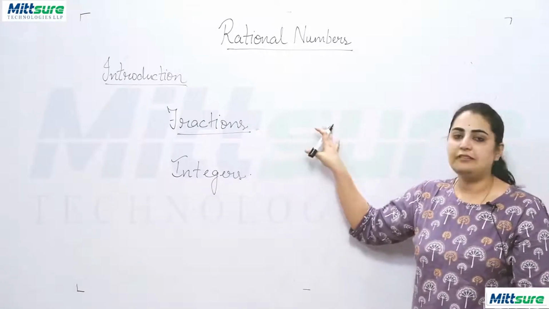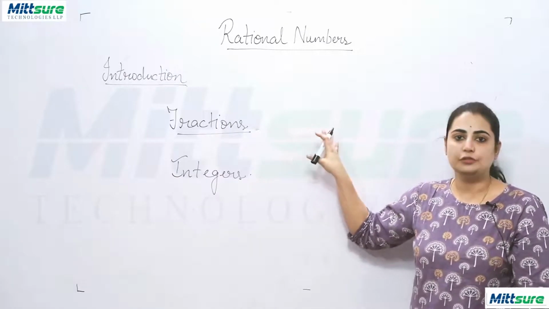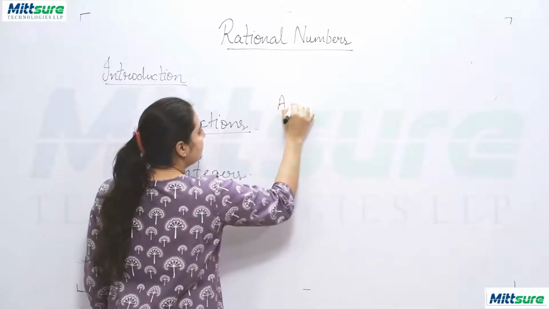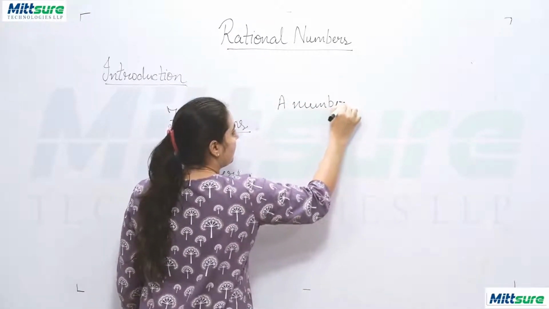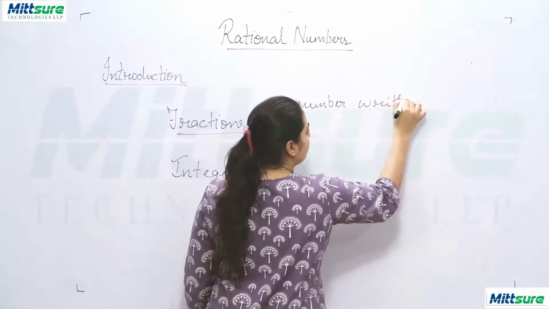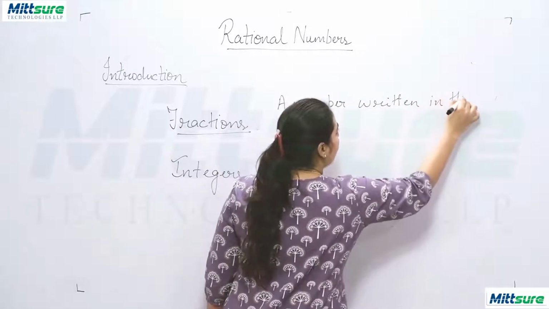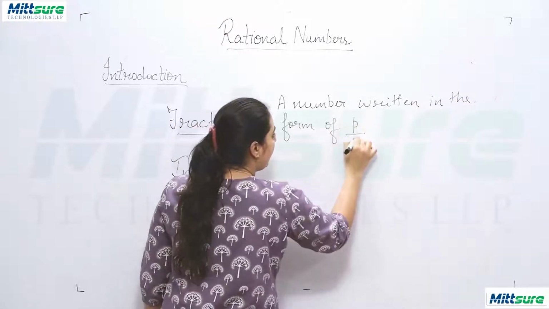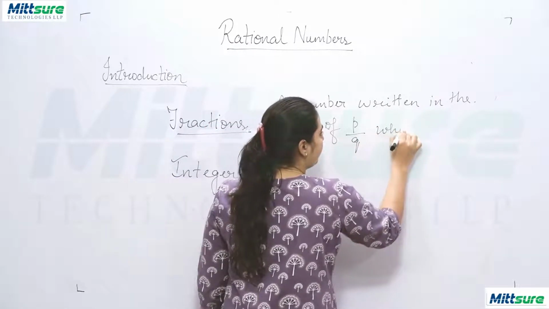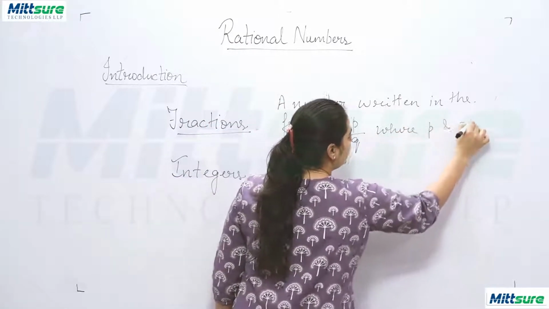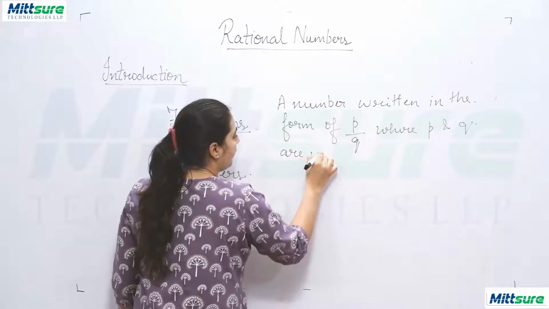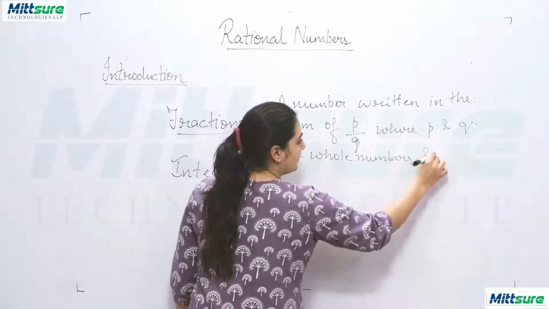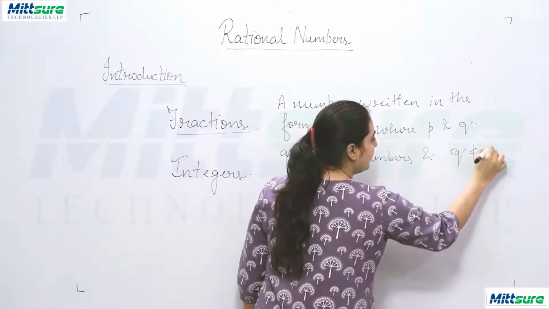How did you identify the fraction, or what was the definition which you read about the fraction? A number written in the form of P upon Q, where P and Q are whole numbers and Q's value should not be 0.